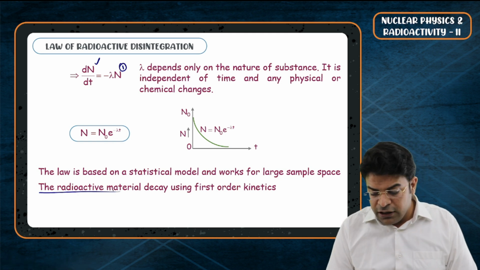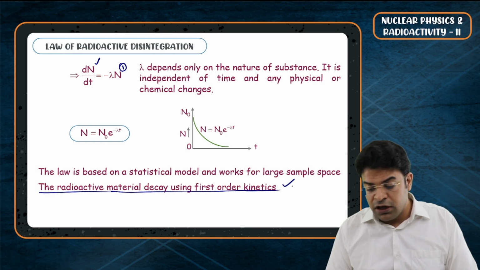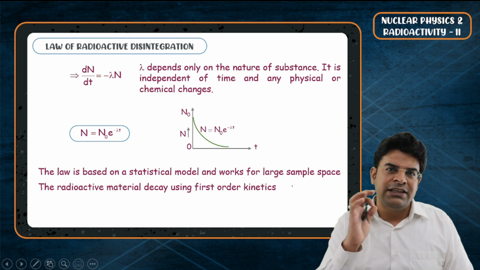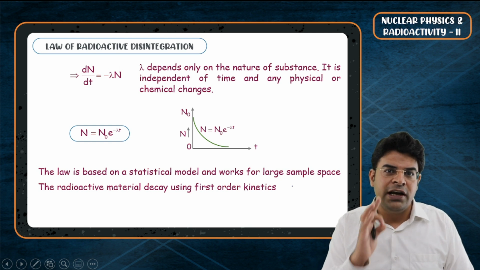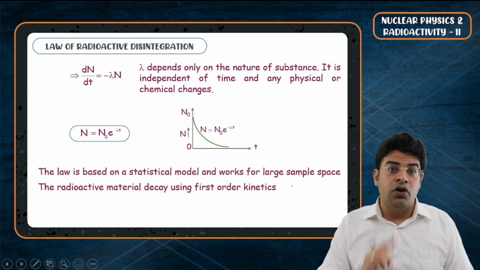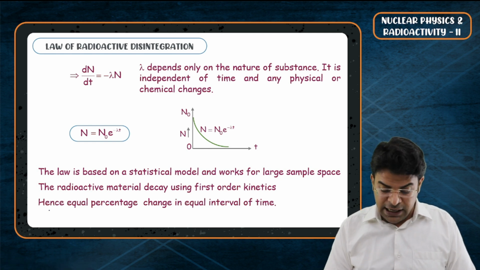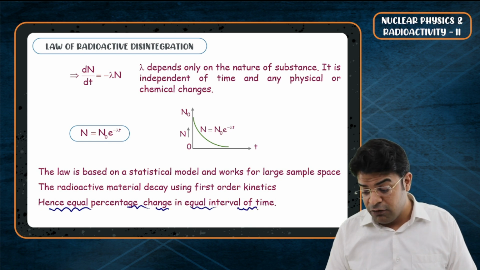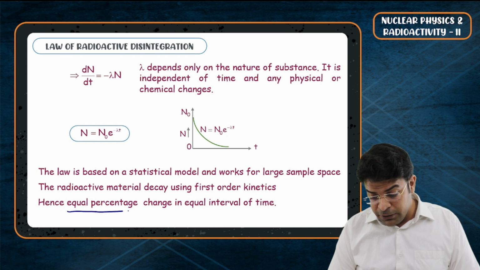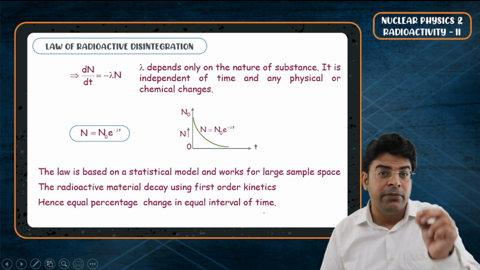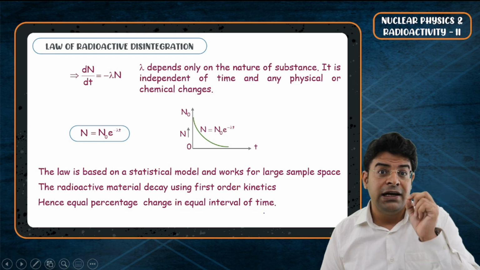If you have been with me for so many hours, I must have said this at some point that all first order decays have a beauty of their own, and that beauty is that equal percentage change takes place in equal interval of time. Equal percentage change takes place in equal interval of time every time there is a first order decay.